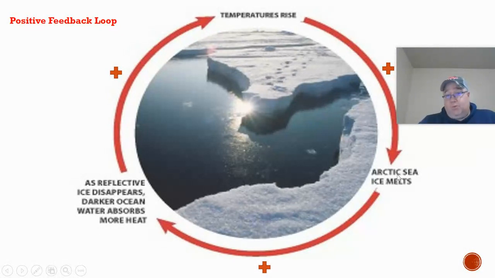But when that ice melts, one thing I want you to understand about ice, and maybe you learned this in chemistry class, is that ice is kind of a whitish color. You see this ice in the background here. And we learned that lighter colors like white reflect energy, they reflect light, they reflect heat. The darker it is, the more it absorbs heat. So what you're looking at in this picture is ocean water, and this is the ice.